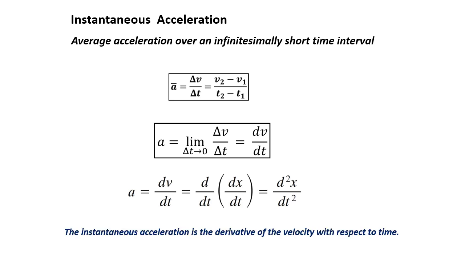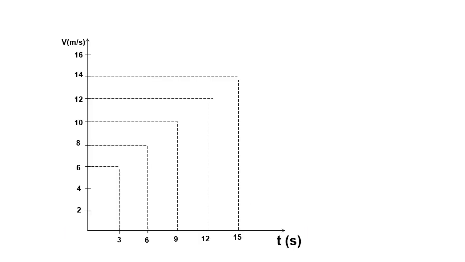The instantaneous acceleration is the derivative of the velocity with respect to time. Now if you plot a graph, velocity versus time, suppose there is a constant acceleration, you get a straight line. For example, if you have to find acceleration, take 2 points, for example here, 3 second and 12 second.